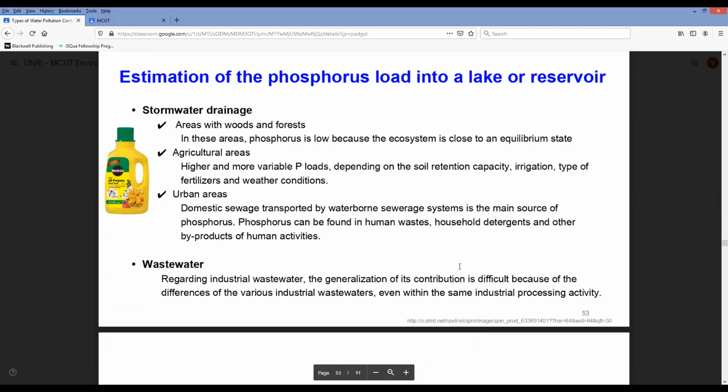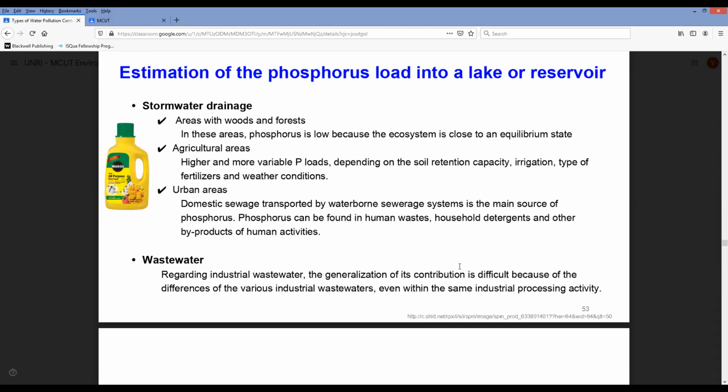Okay, so this is the estimation of phosphorus load into the lake or reservoir. The first one comes to stormwater drainage. In the area with wood or forest, phosphorus is low because the ecosystem is close to equilibrium state.